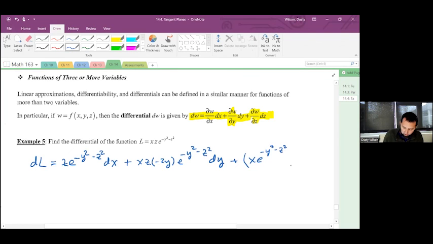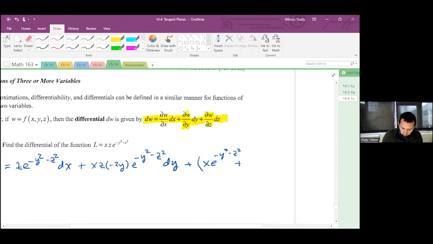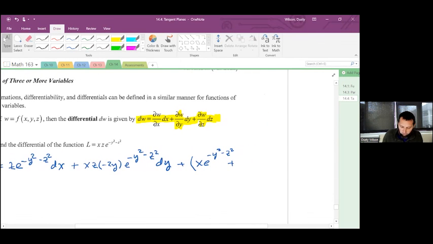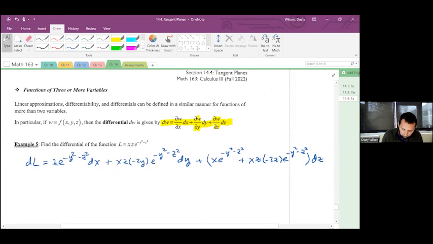So that's when we take the derivative of the x times the other part, plus the derivative of the part that has the e is going to be an x z times negative 2z e to the negative y squared minus z squared. Okay, all that times dz. Let's see if we can see this in color.